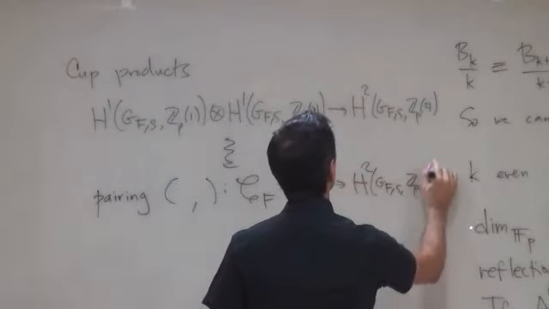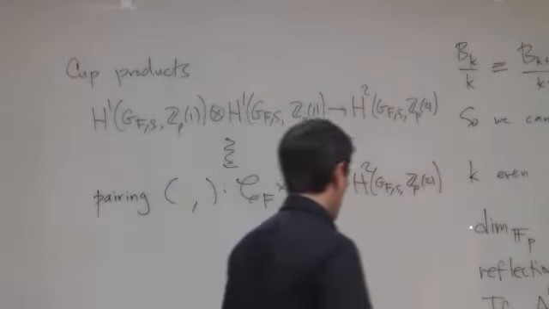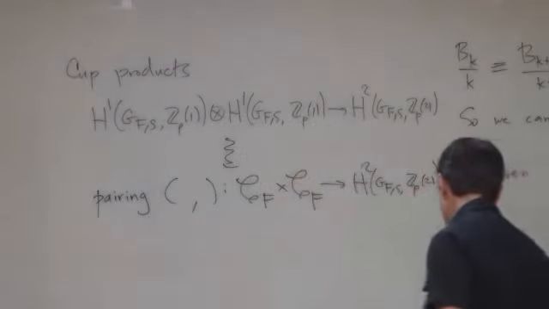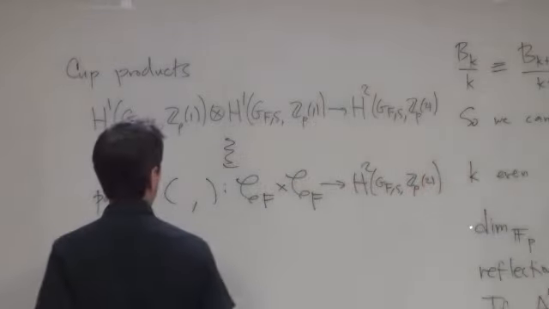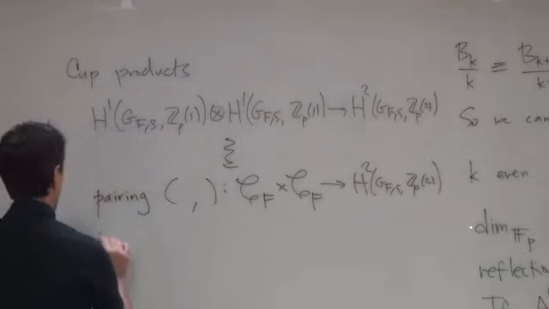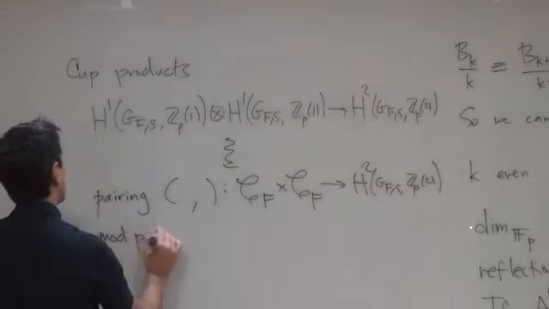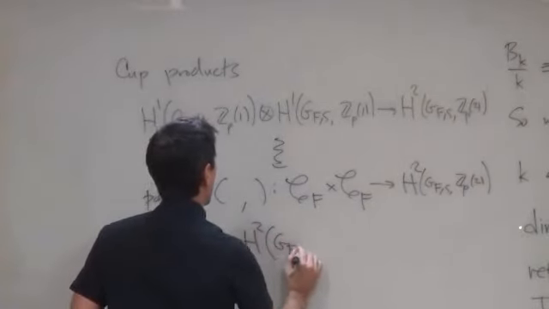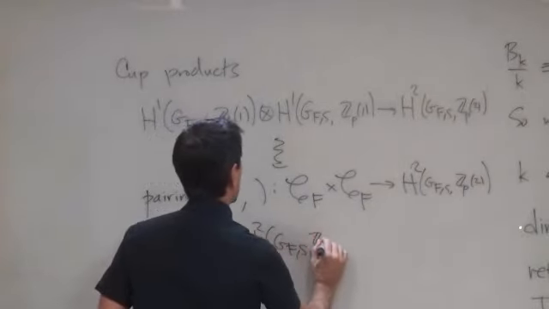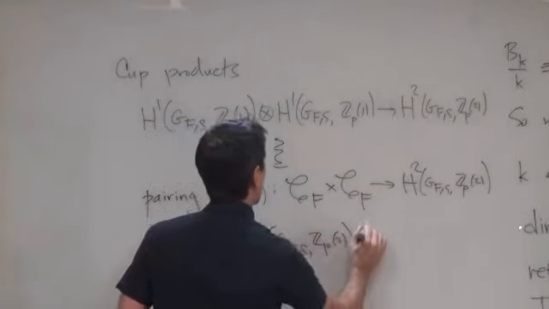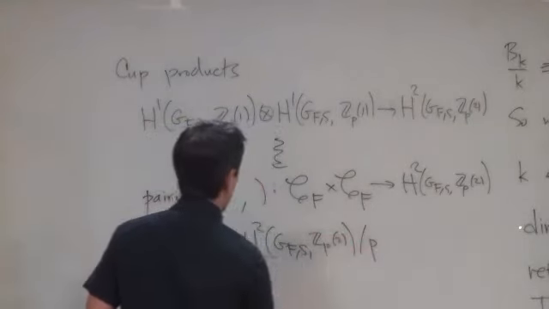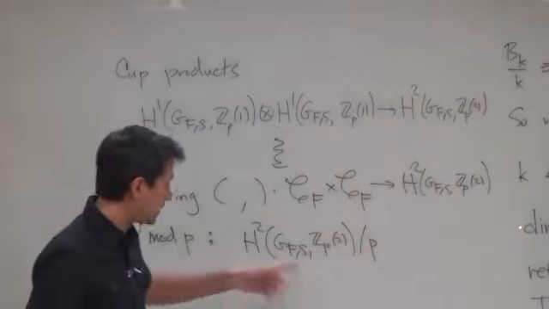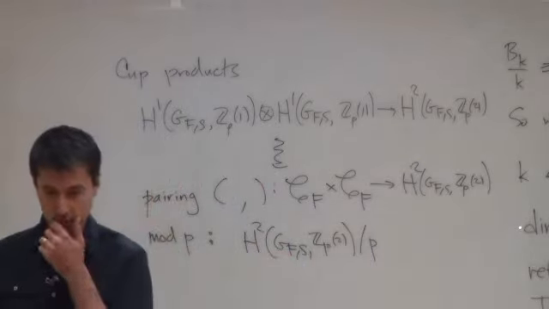Now, one word about this H2. If I take it mod P, H2 of GFS with coefficients ZP2 mod P is actually, because GFS has cohomological dimension 2, because P is odd.